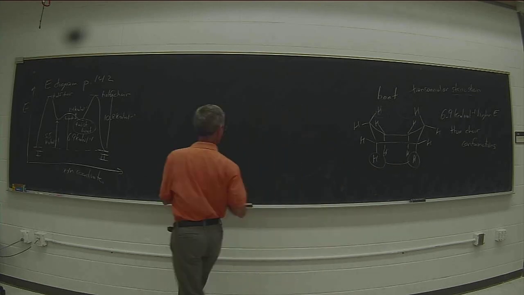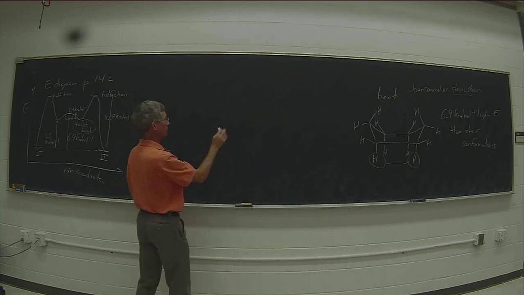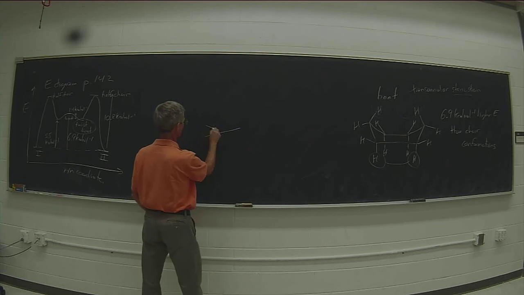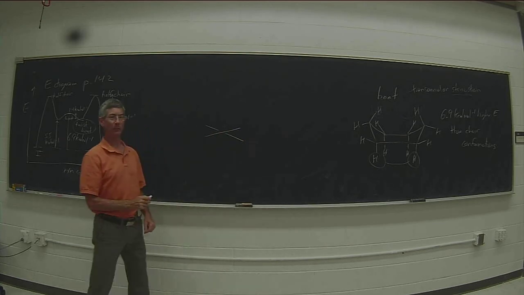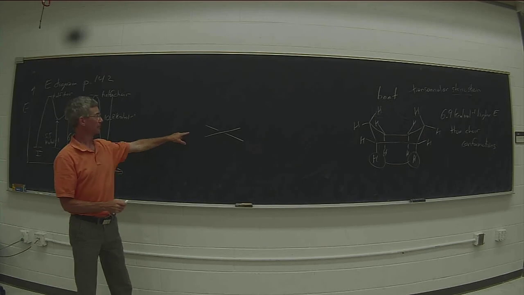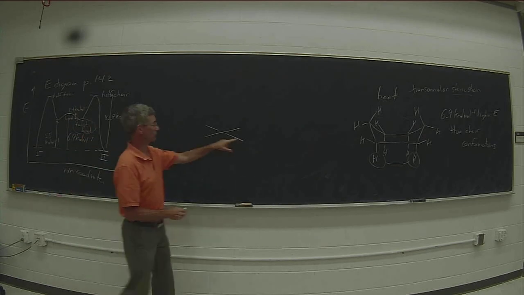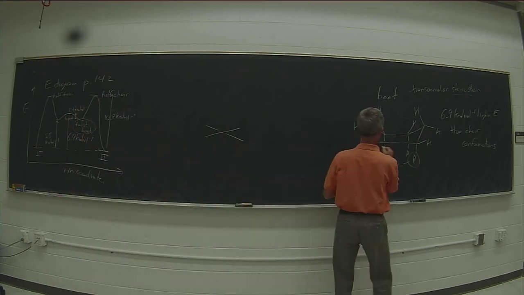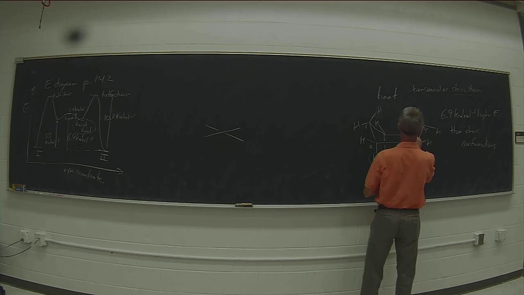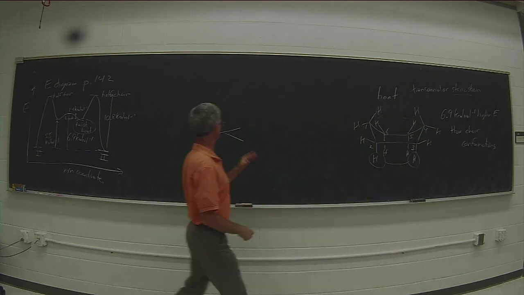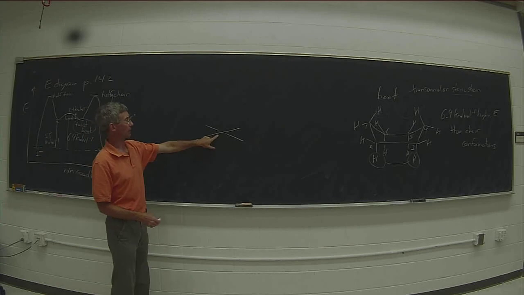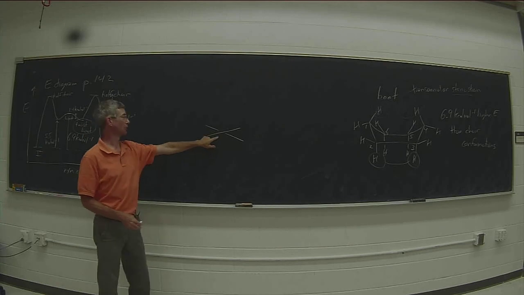So to draw the twist boat, we start with the fact that we know that the carbon 2,3 bond and the carbon 5,6 bond are no longer parallel to one another as they were here, but slightly at an angle, where the carbon 5,6 bond passes behind the carbon 2,3 bond.